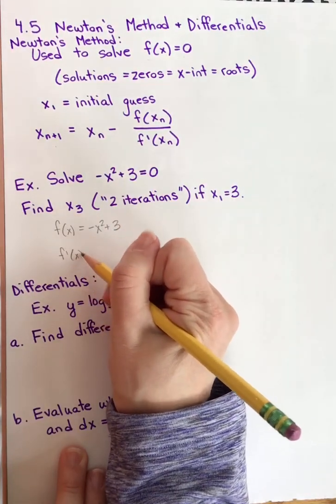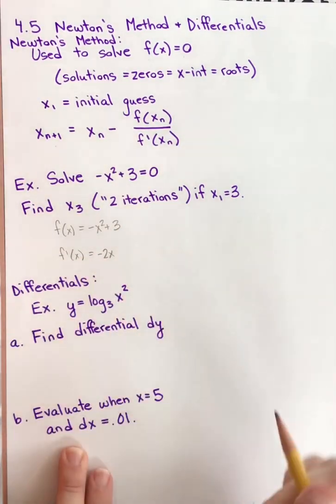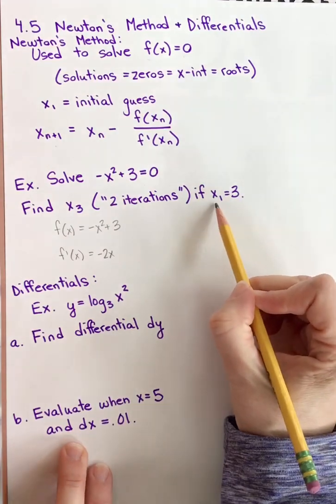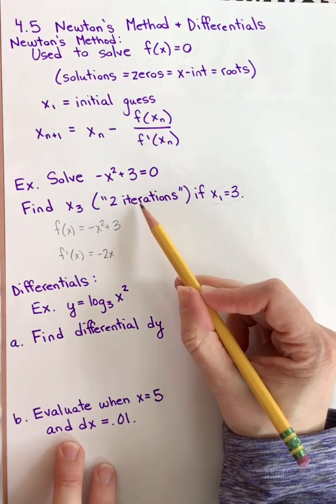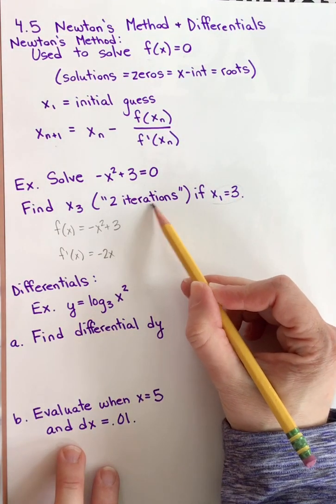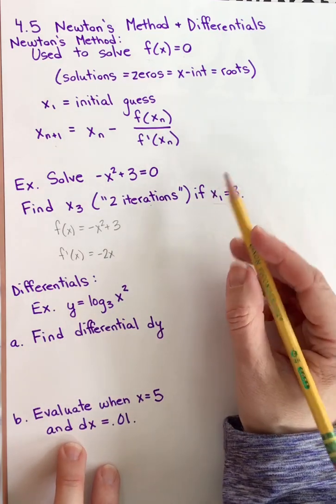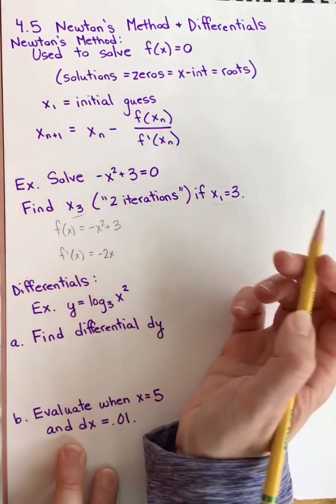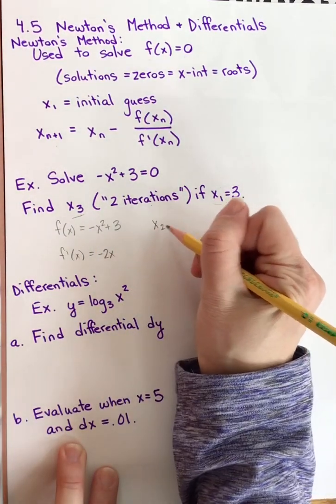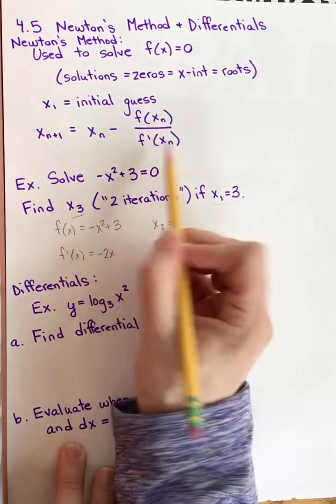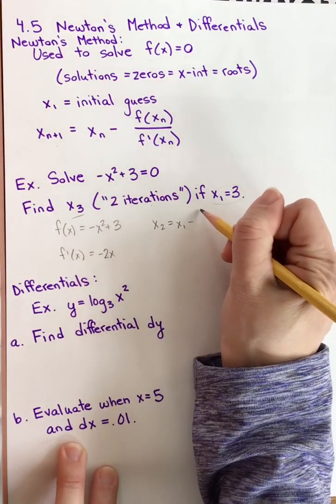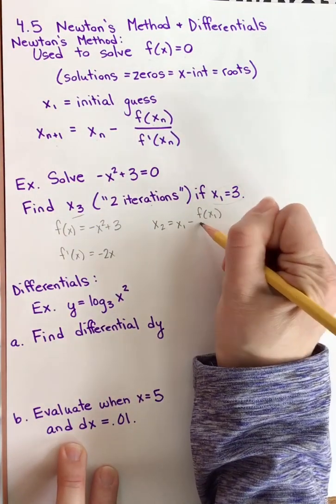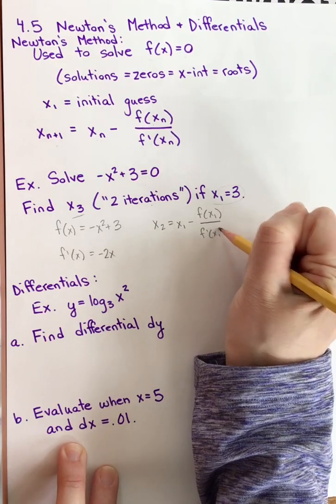I take the derivative. In this case, I get negative 2x. So I am given x1. If I want to do 2 iterations, an iteration is like a round, like if you reiterate, you go around again. That really lands me at x3. So x2 is x1 minus the function at x1 divided by the derivative at x1.